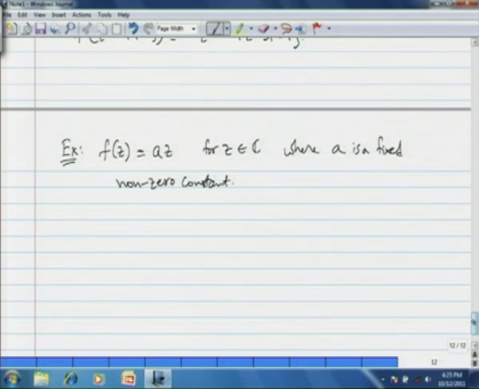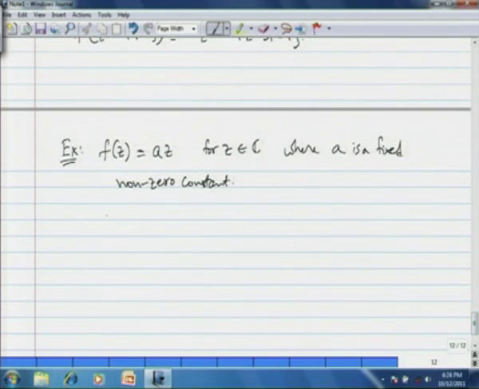So, f multiplies a given complex number z with the fixed complex number a. For visualizing this function, it is better that we use polar coordinates.